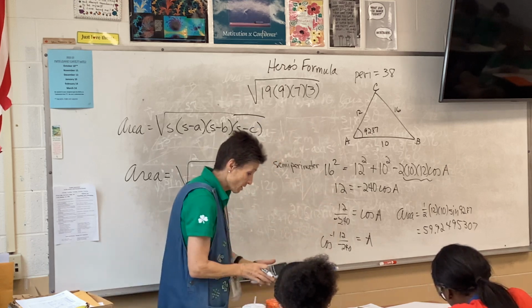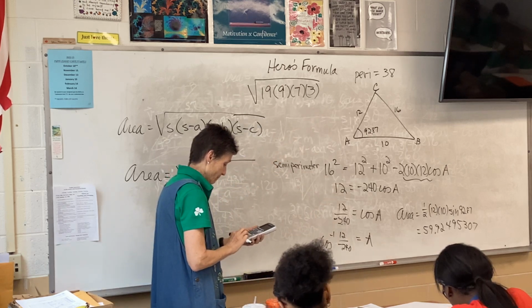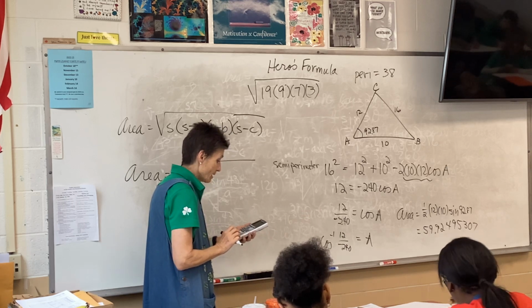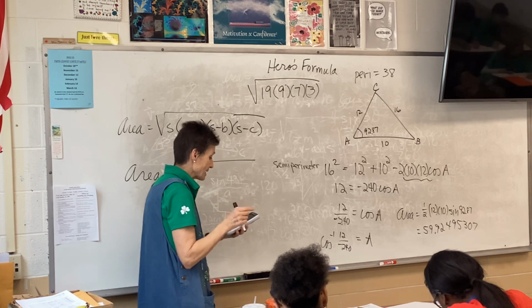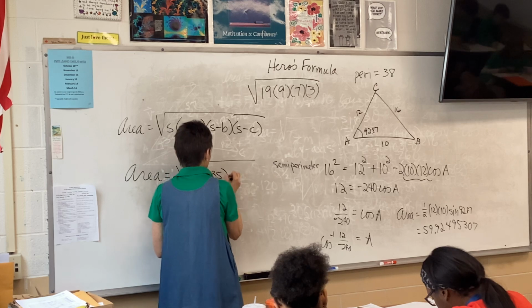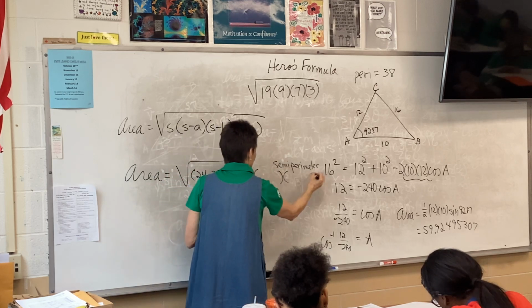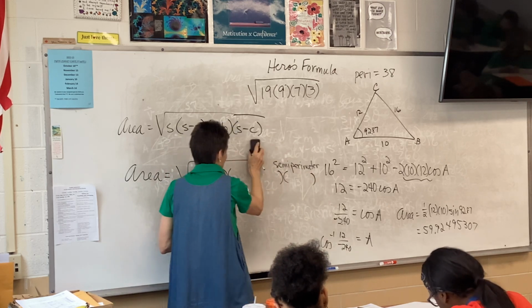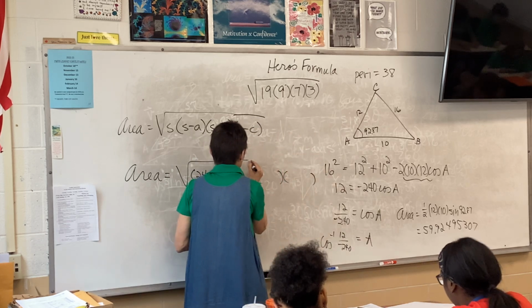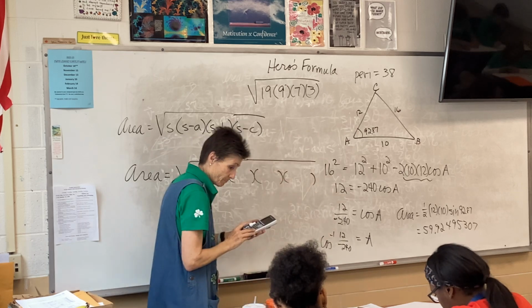Okay, what's our perimeter for this one? And I'm going to divide that by 2 because I need the semi-perimeter, so I'm going to have 24.35. And then I'm going to have that minus each side.